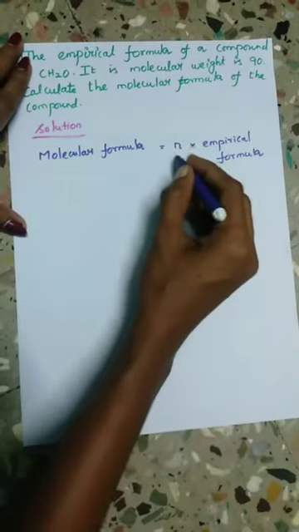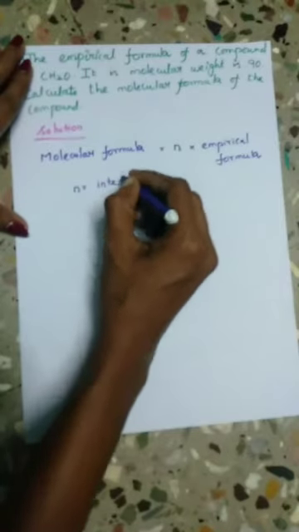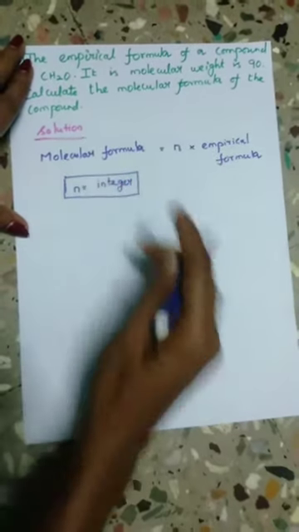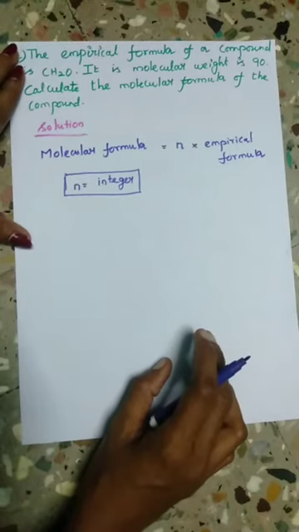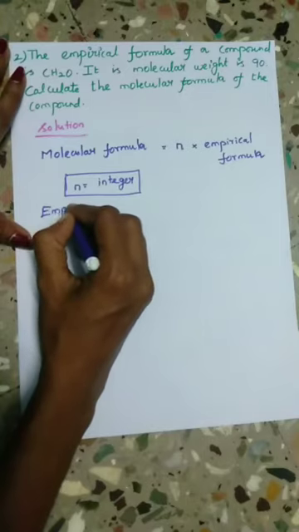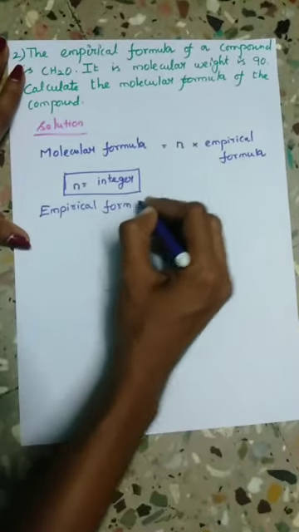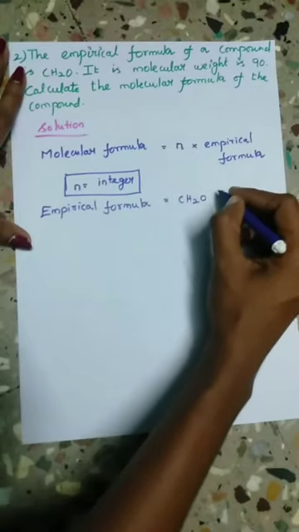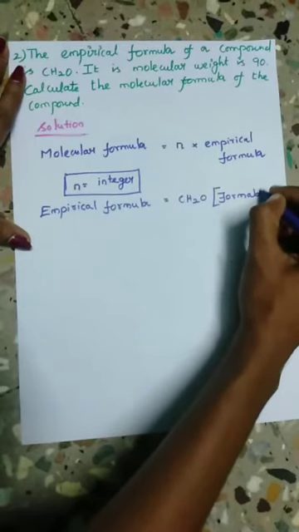Here n is an integer. The empirical formula is CH2O, which means formaldehyde.